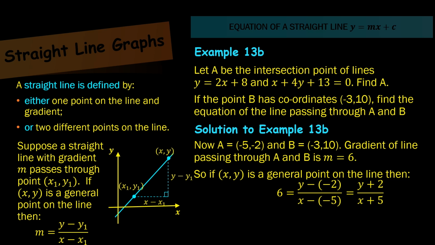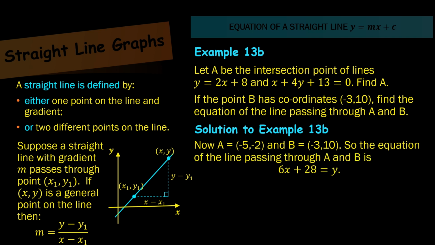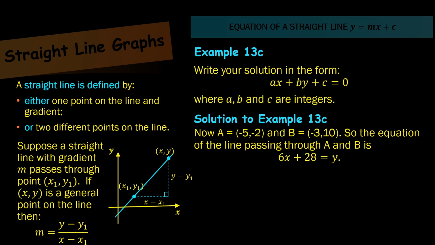Multiplying out gives 6x plus 30 equals y plus 2, and simplifying gives us 6x plus 28 equals y. So the equation of the line passing through A and B is 6x plus 28 equals y. Now let's solve part C, in which we're asked to express this in the form ax plus by plus c equals 0. Rearranging this equation gives 6x minus y plus 28 equals 0.